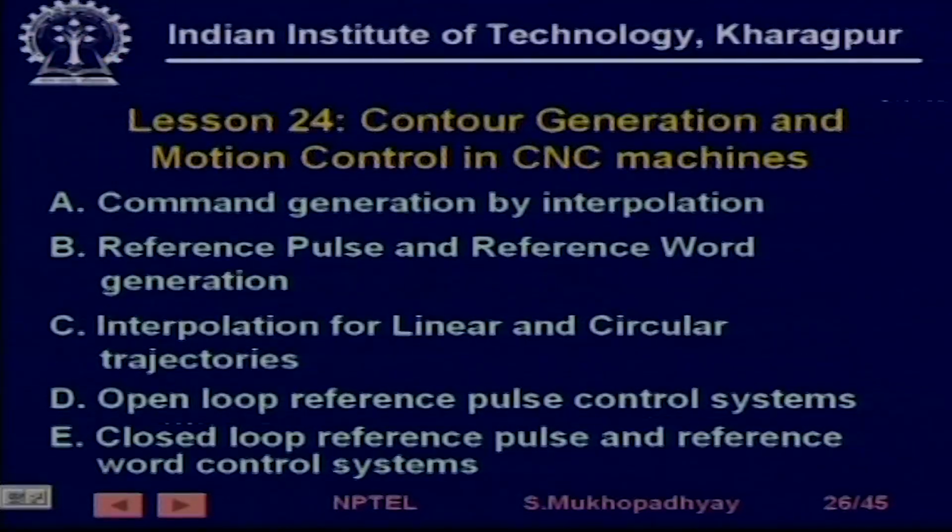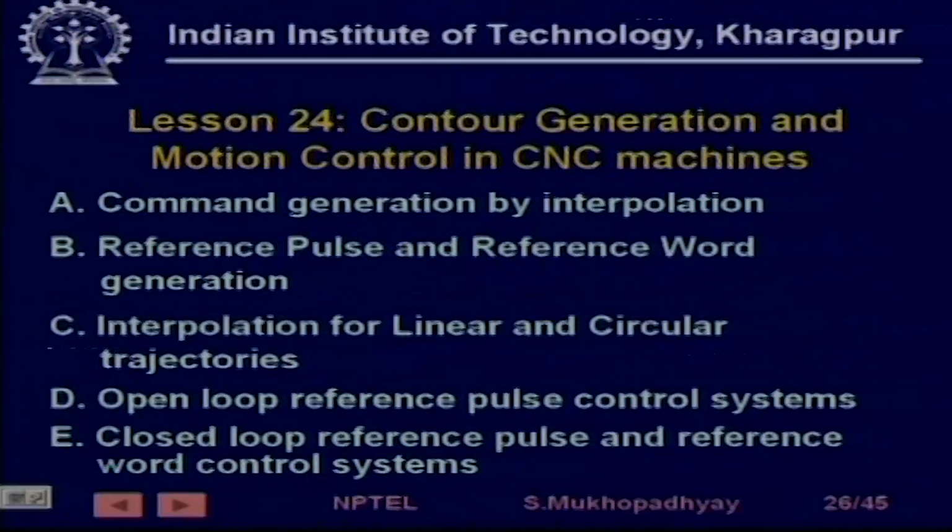In the next lesson we took a more detailed look at how, in a CNC machine, when you are doing manufacturing, you are actually removing metal by shearing. So, relative motion between the job and the tool has to be created. So, for that the job has to move and the tool also has to move.